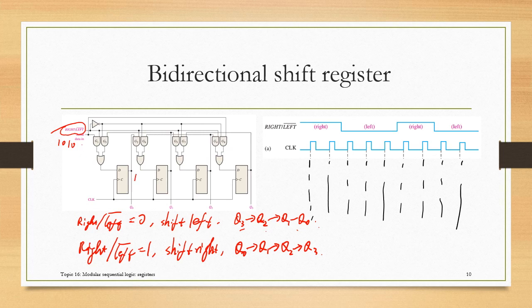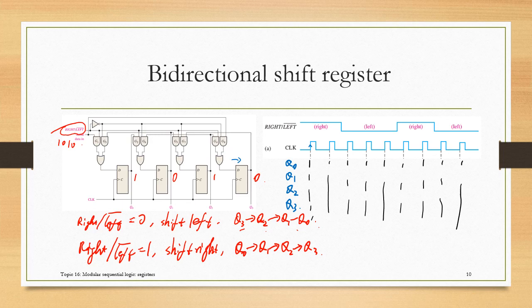Say we initially stored 1010 at the output. Let's see what's going on. So Q0, Q1, Q2, Q3. First we know it's shifting right. Right means this direction. So at the first edge, what will happen?